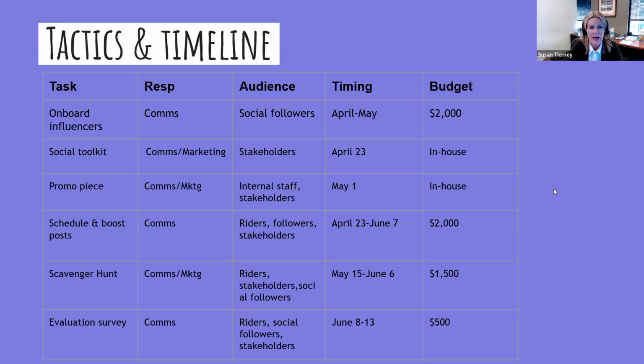We're also looking at our social followers to provide onboard influencers to spread the word about the different aspects of the two-line opening, not only navigating it, but also the benefits of it. We'll be providing a social toolkit to our stakeholders, which we'll produce in-house.